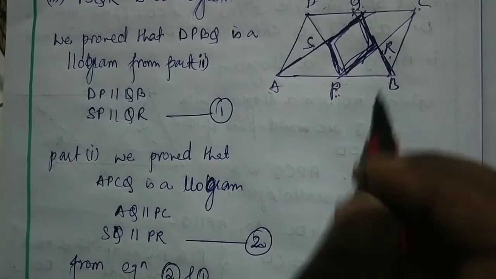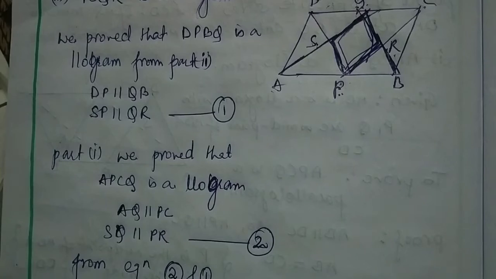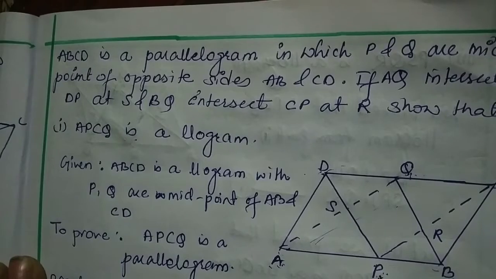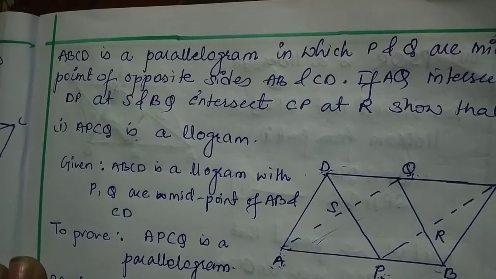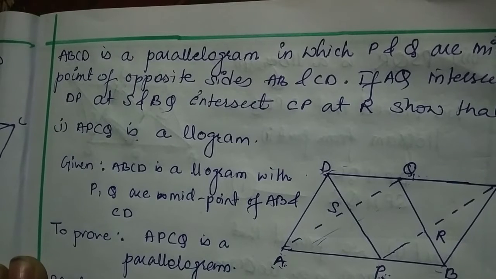Now let's recap all three parts. In this, ABCD is a parallelogram in which we are given the midpoints P and Q on AB and CD.